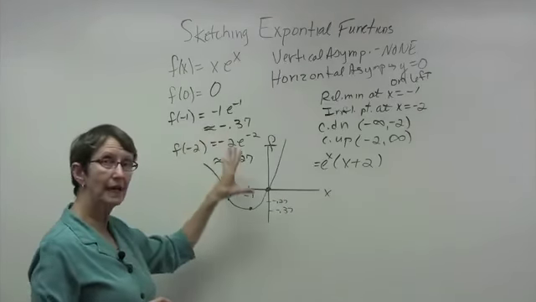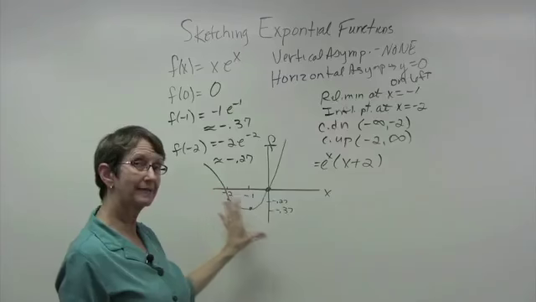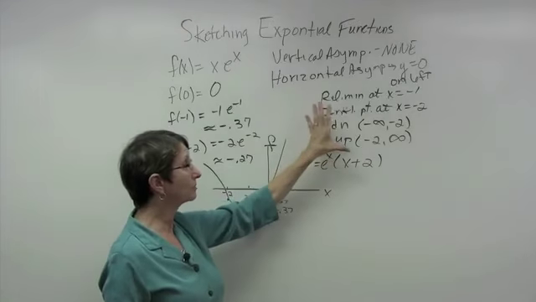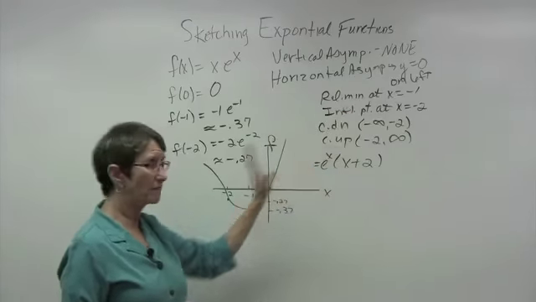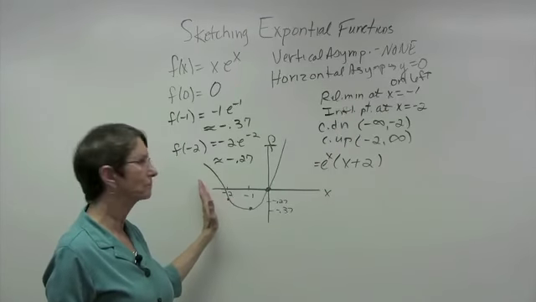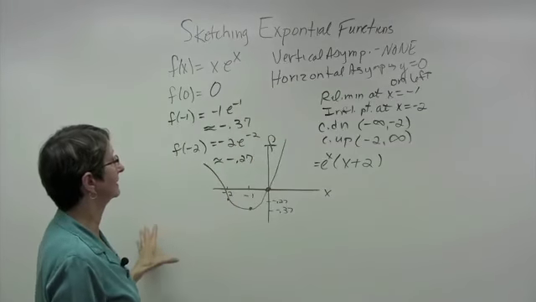There's a lot of little detail in this problem, and in some cases, you only need to know where things are. You don't actually have to sketch. But it helps to see what a sketch looks like when you have all this information that you need a picture in your head. So this is what this function looks like using all the information that we need.